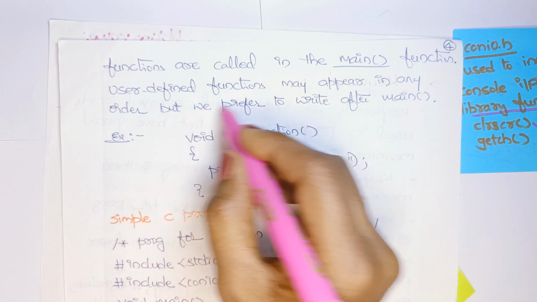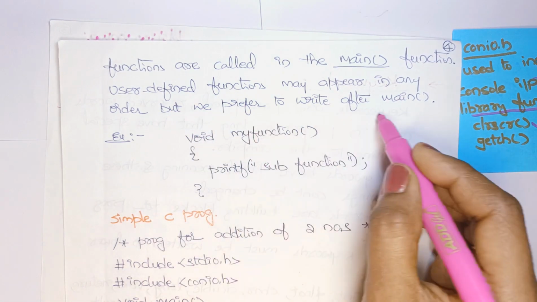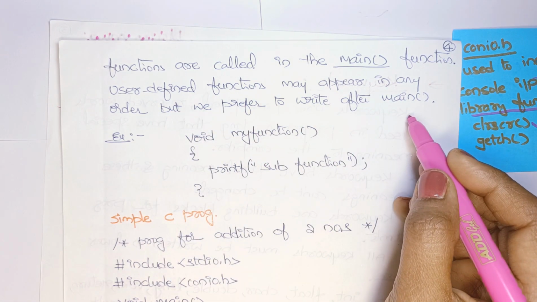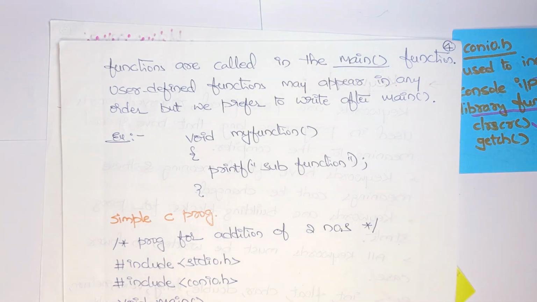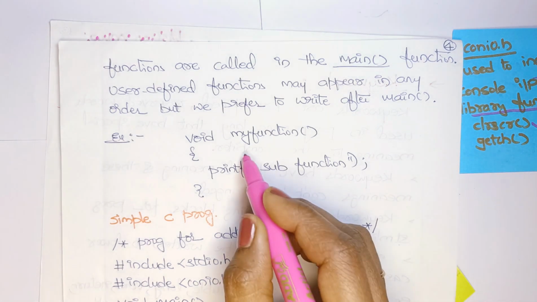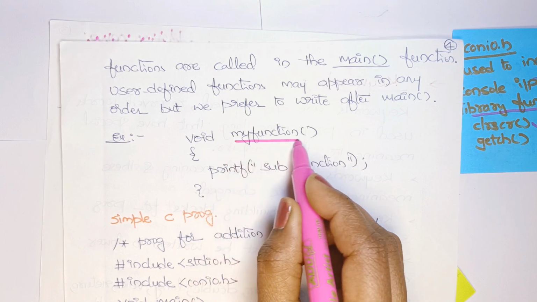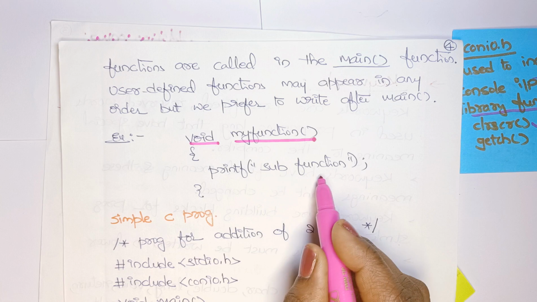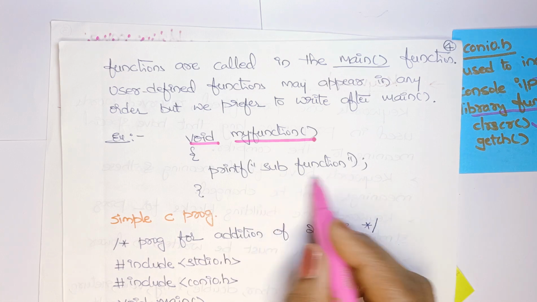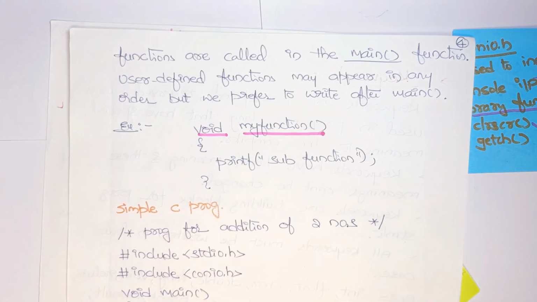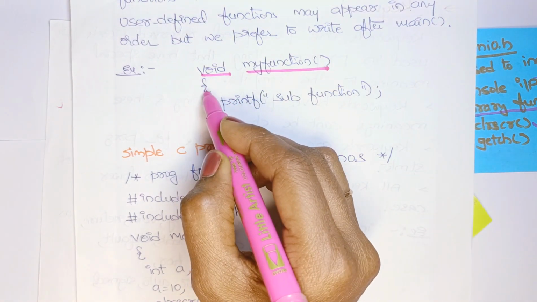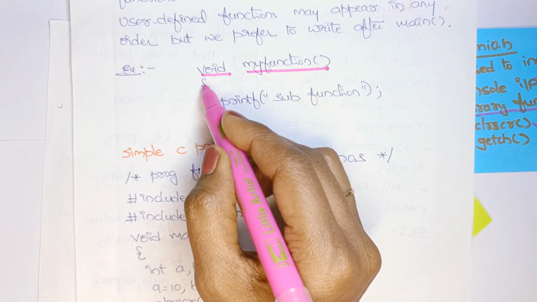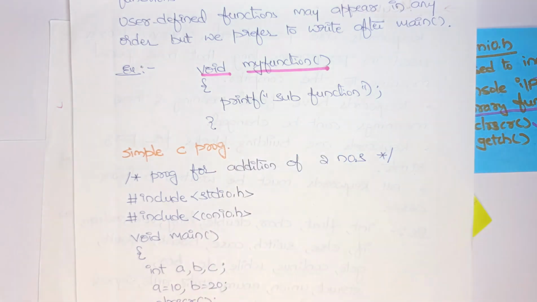User defined functions may appear in any order, but we prefer to write them after the main function. For example, void myfunction is nothing but a sub function, and this is the return type. Printf sub function, this is a sub function I am displaying. A function always opens with a body, and it begins and ends with flower braces.